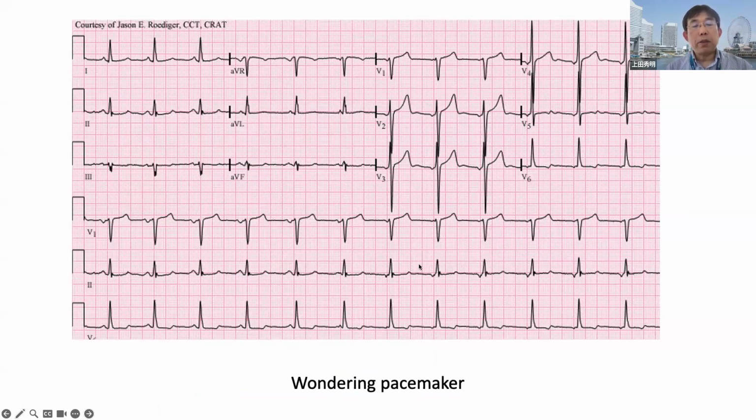So this is a picture of the wandering pacemaker. Looking at the waves here, you can see a positive P wave, positive P wave, positive P wave, and later on, minus, minus, minus, minus.